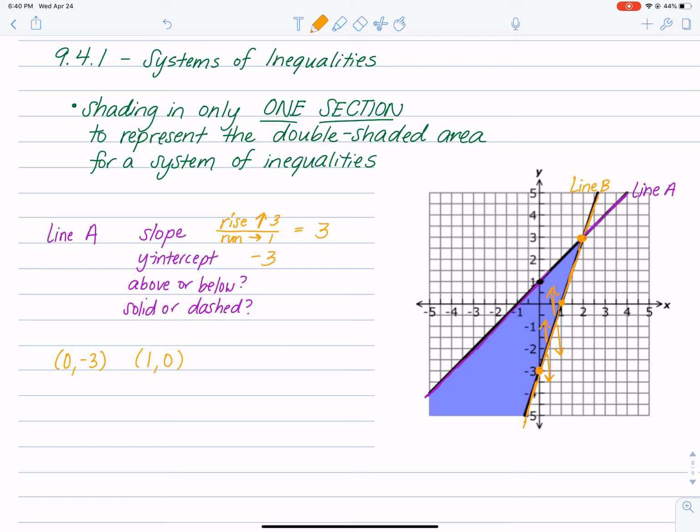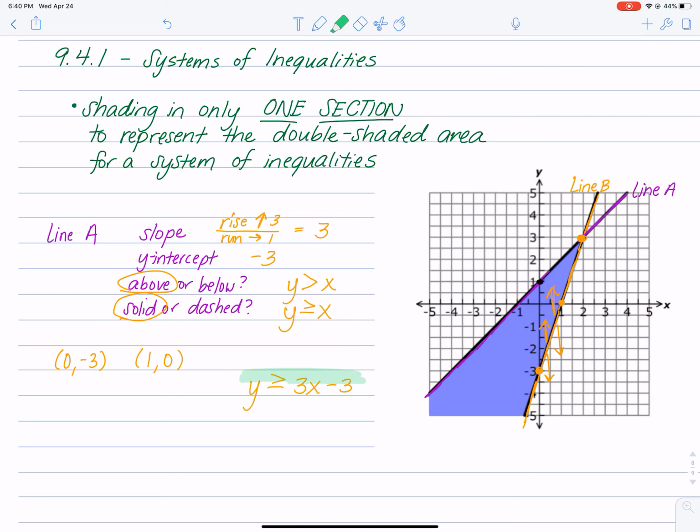It would be above. And therefore, when we go to plug it into the equation, y compared to the x, y is going to be greater than, because it's above. This one again was solid though, so it's not just y is greater than, it's going to be y is greater than or equal to the x. So now we go to actually do our final inequality for this one. It'd be y is greater than or equal to positive 3x with a negative 3 y-intercept.